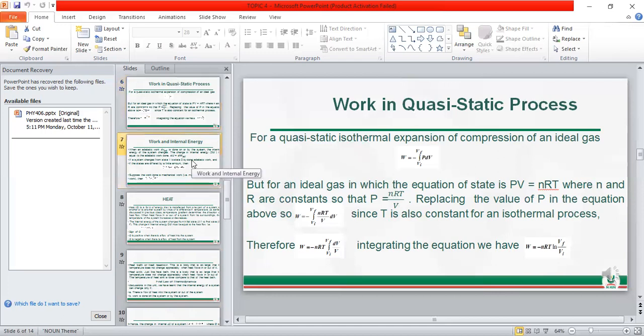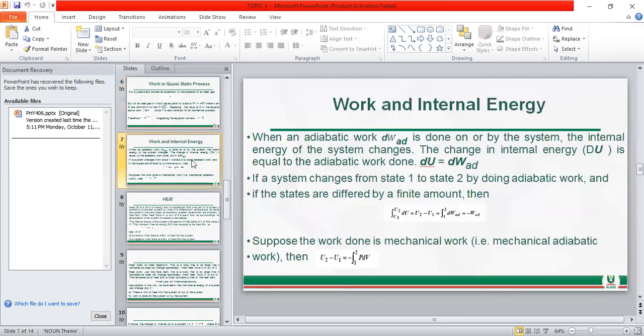So let's look at the relationship between work and internal energy. I said when an adiabatic work, where AD represents adiabatic, is done on or by the system, I'll be able to explain that if work is done on the system, it is positive. If work is done by the system, it is negative. The internal energy of the system changes. The change in internal energy, that is delta U, don't mind me using D here, is equal to the adiabatic work done.